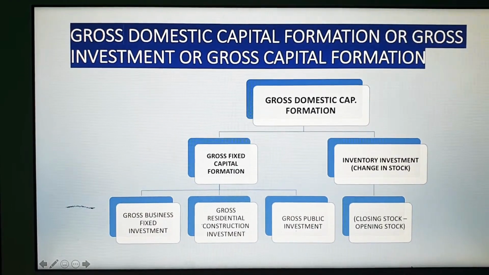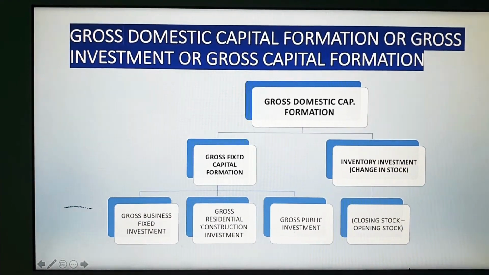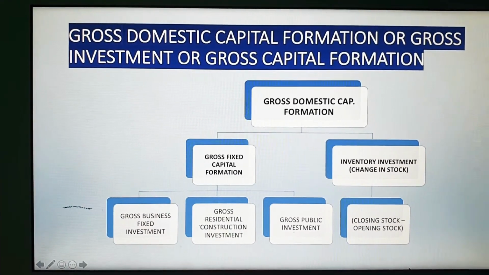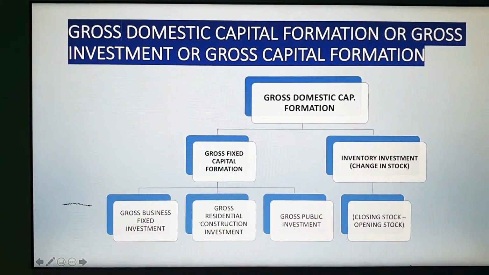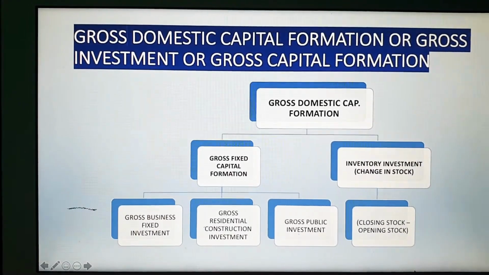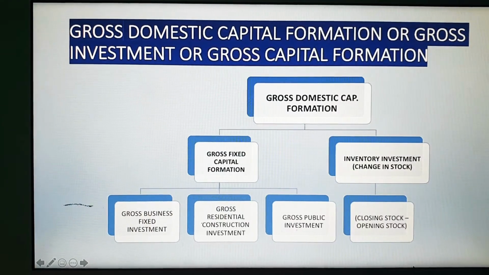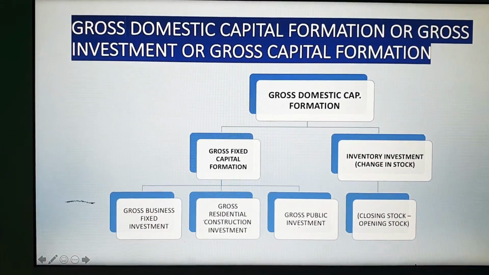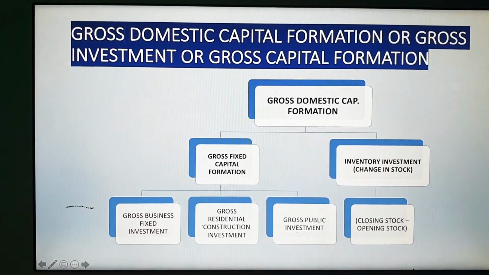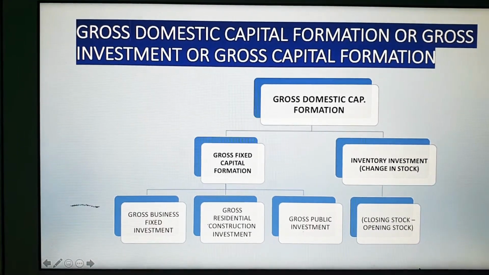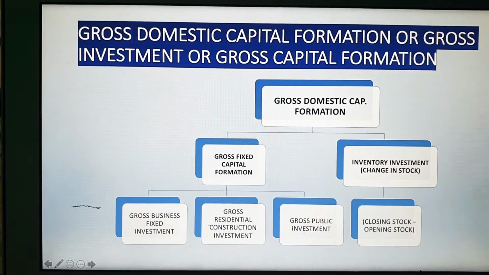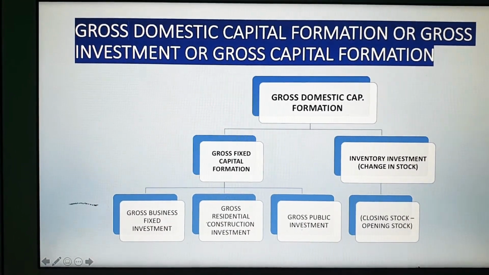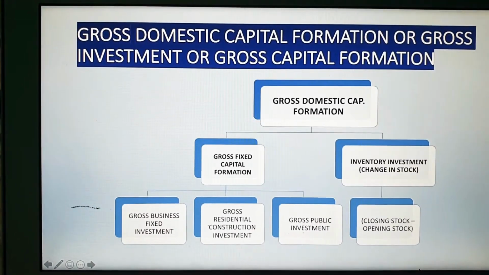The working component is inventory investment, which is calculated by taking the difference between closing stock and opening stock, because inventory investment is nothing but the change in stock. So this is the working component, and we have the fixed component also. Adding these two, we get the main component, that is gross domestic capital formation.